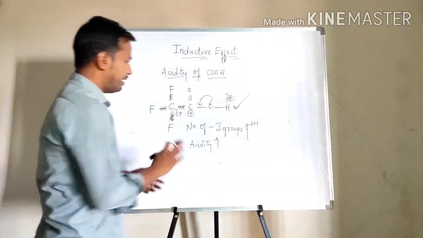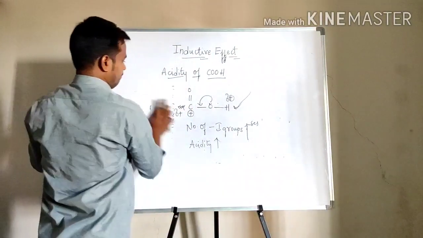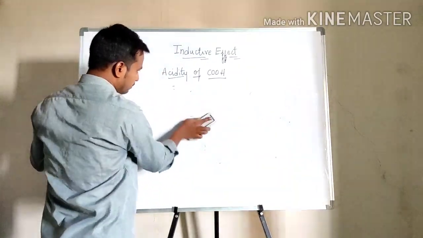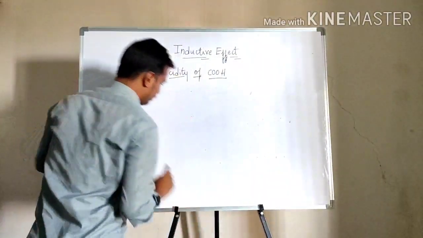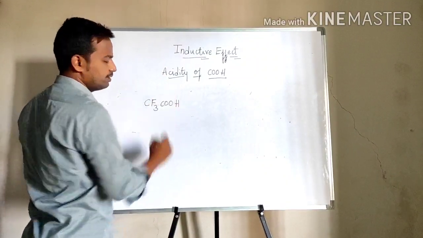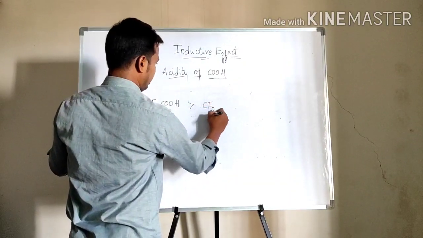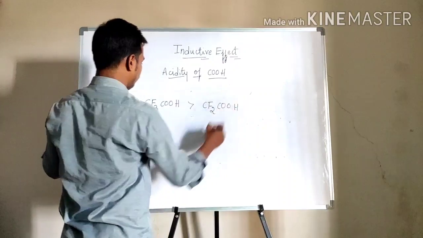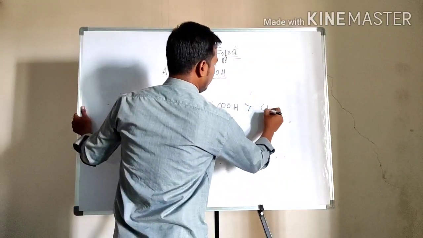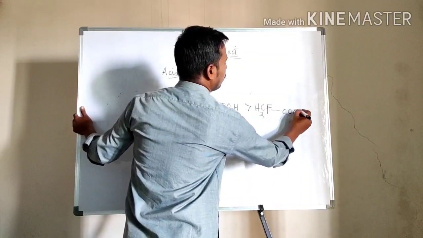Okay, so I can write one generalized form. CF3COOH, just now we have seen this example, right? Next, let's take CF2HCOOH and another one, CFH2COOH.